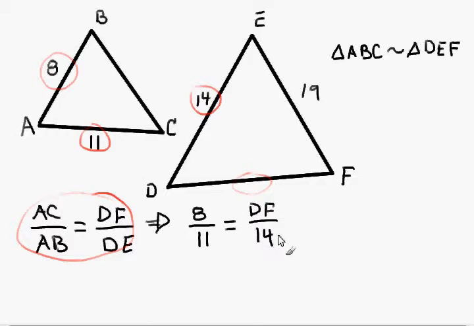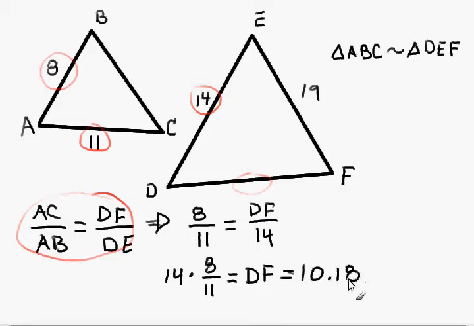We're going to multiply both sides by 14. And that's the length of DF. And if we have a calculator, we can compute that the length of DF is 10.18 units.